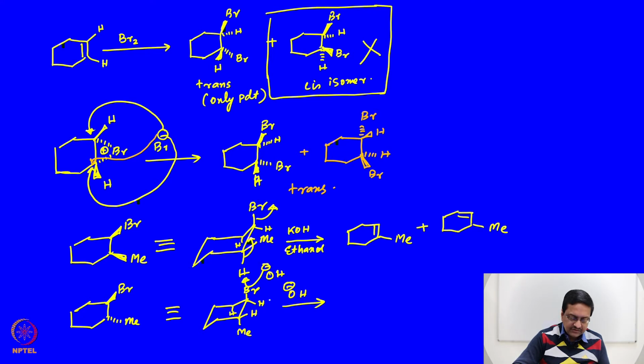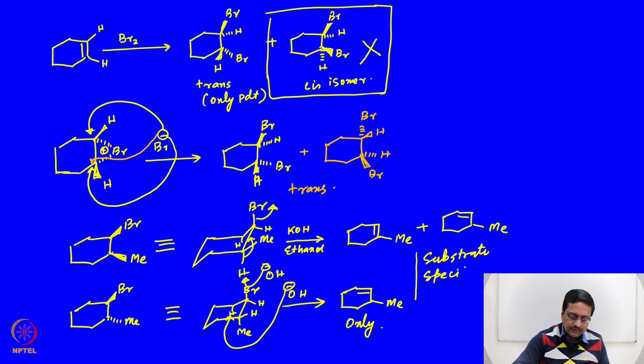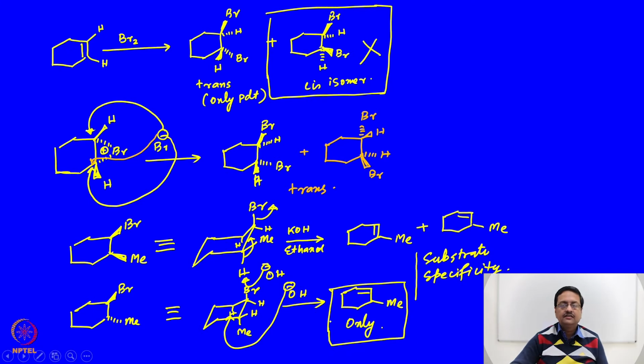So the elimination happens from the third carbon and you end up getting this one, the only product. This reaction is producing two different compounds, whereas this particular reaction is producing only one compound. So here it is a substrate specific reaction. What we see here is substrate specificity, and in this particular case it is highly selective for this particular compound formation.